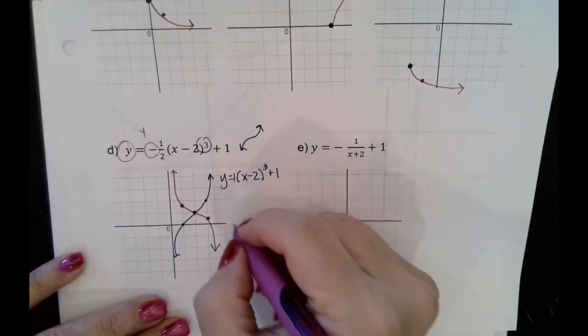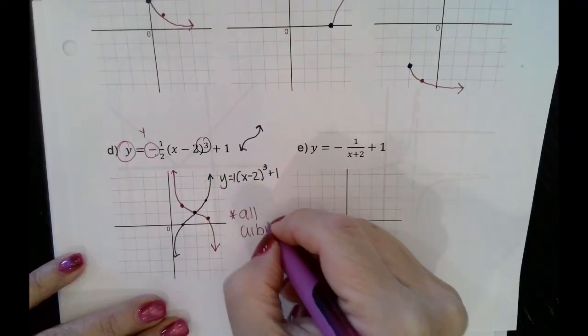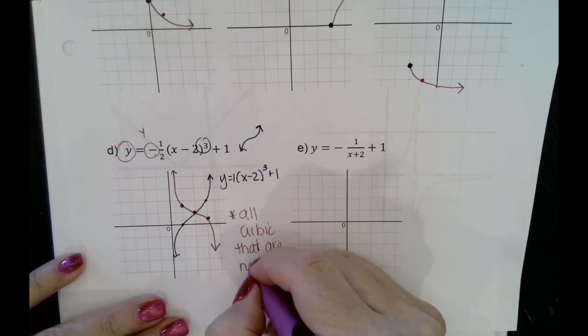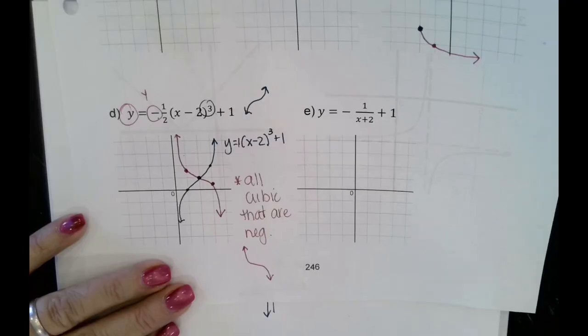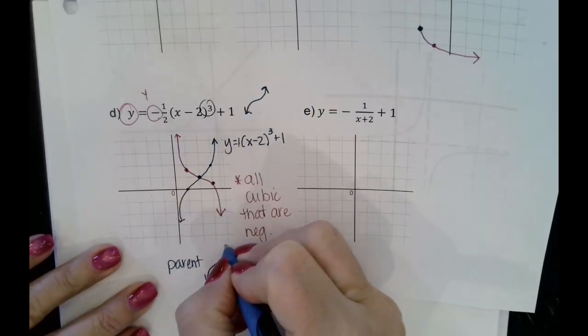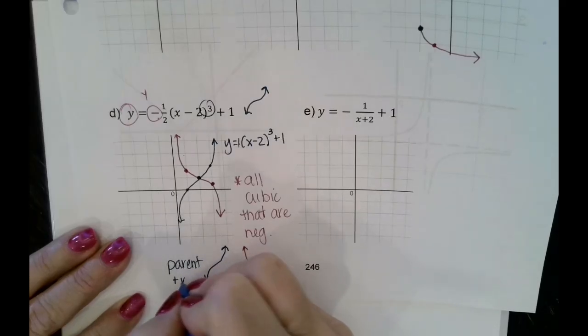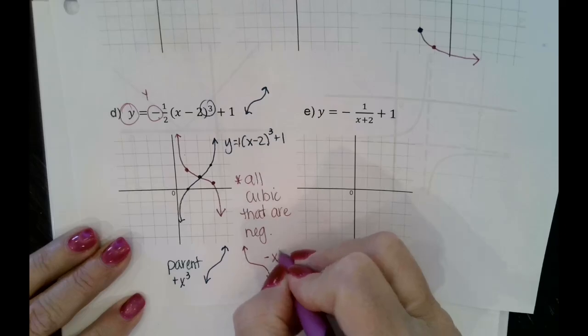So one thing to remember is all cubic functions that are negative are going to shape this direction, and the parent function, just as a repeat, is going to shape this direction. So here's my parent function, which is positive x cubed, and this is my cubic function that is negative x cubed.